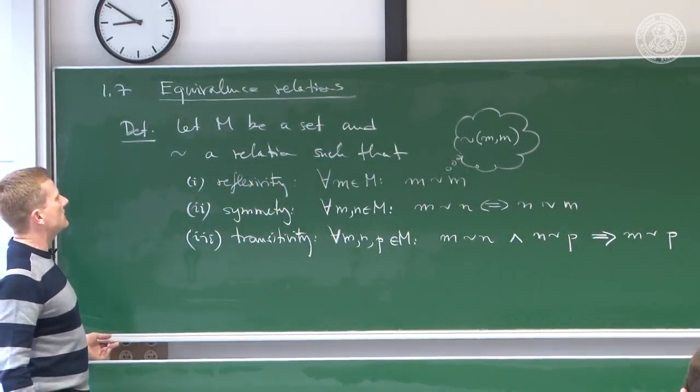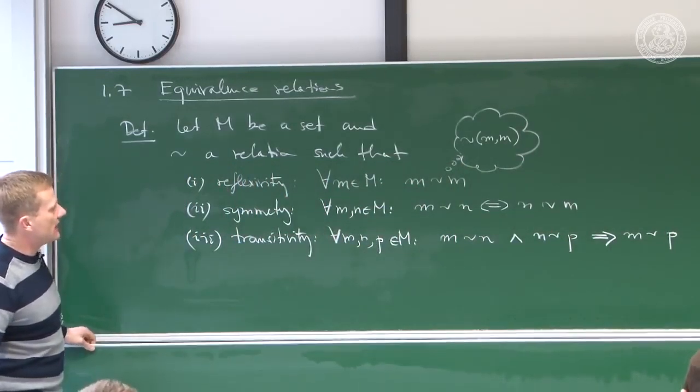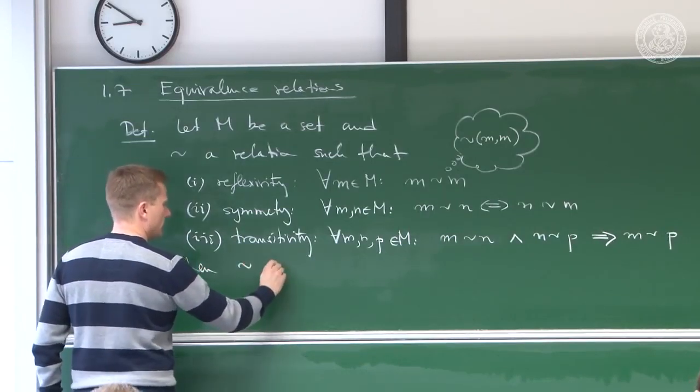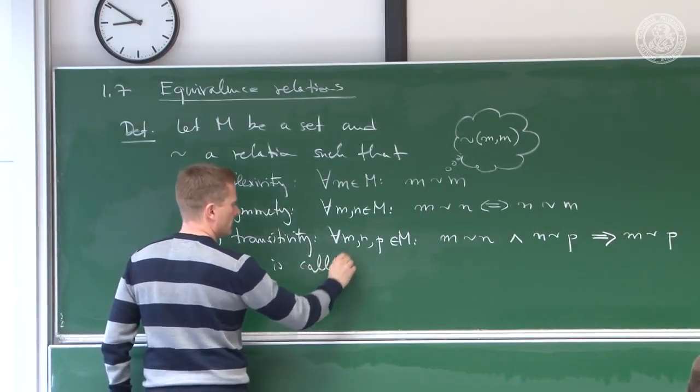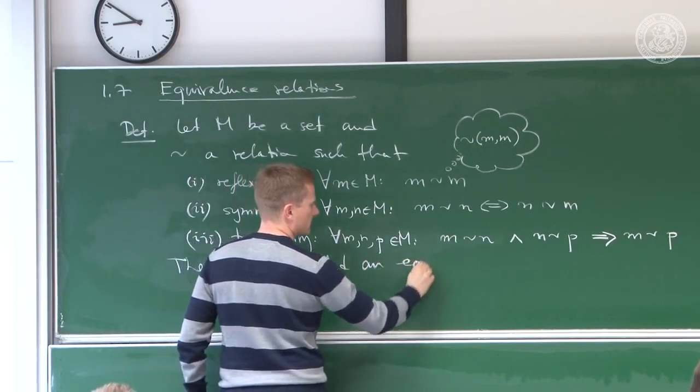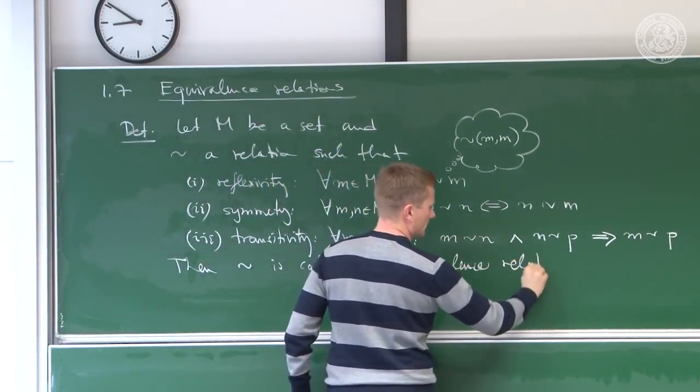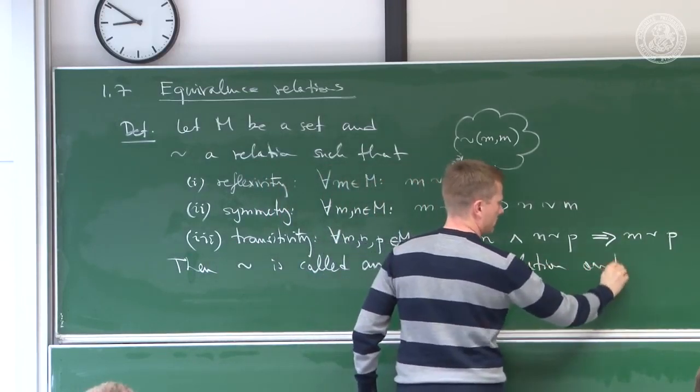So let M be a set and twiddle a relation such that these three axioms are satisfied, then twiddle is called an equivalence relation on M.